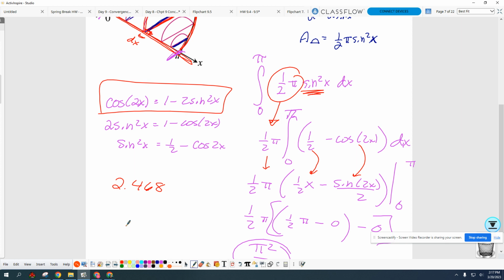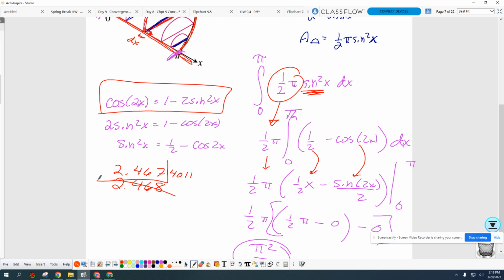Oh, I didn't round it, but 2.46740. So this would actually be wrong. Oh, you're right. Truncating, rounding, all that work, and they take that point away. What do you mean? 2.467. Okay.